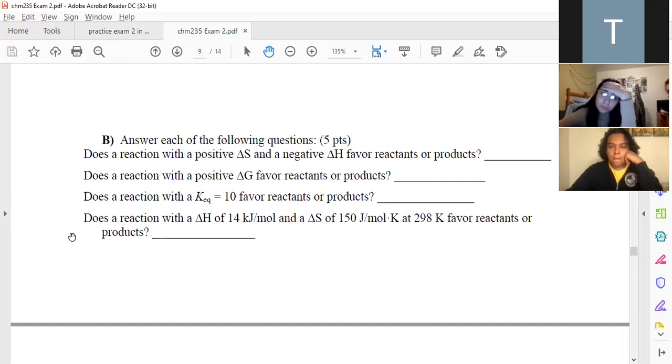The general idea is that in order for a reaction to favor products, we have to think about what our delta G is, correct? So if we have a delta S that is greater than 0 and a delta H that is less than 0, it should favor the products.